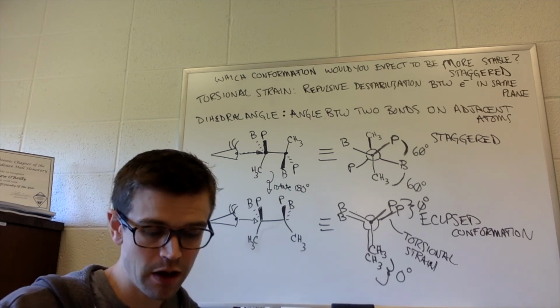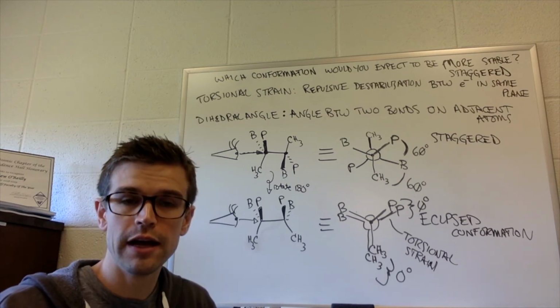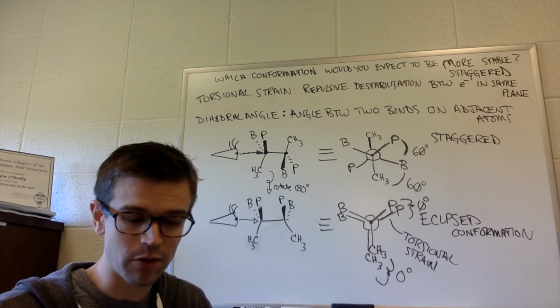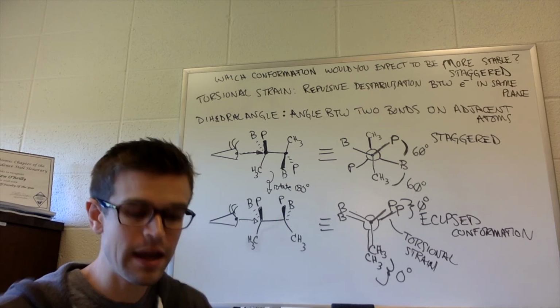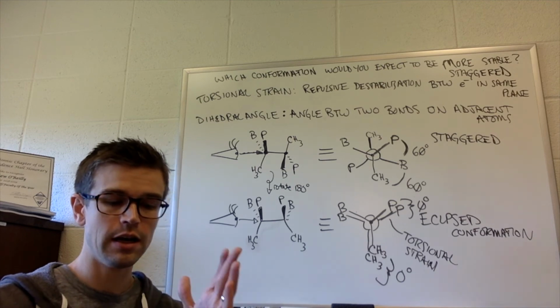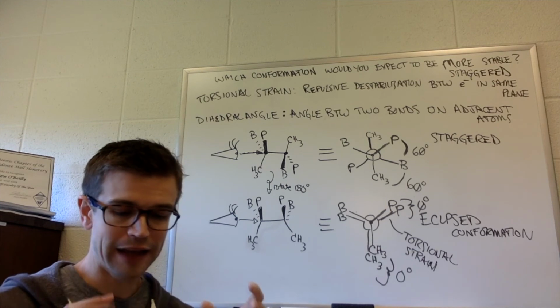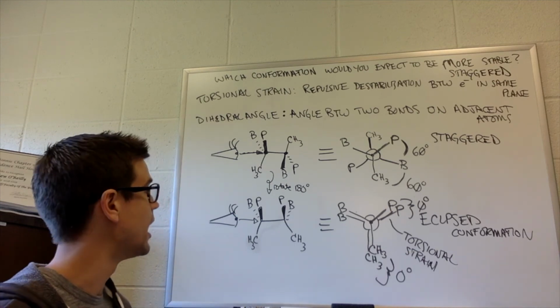They're both labeled. And staggered ethane is going to have none of those torsional interactions, so it's going to be more stable, versus the eclipsed ethane has all of those torsional interactions between each of the electrons that are in the same plane.